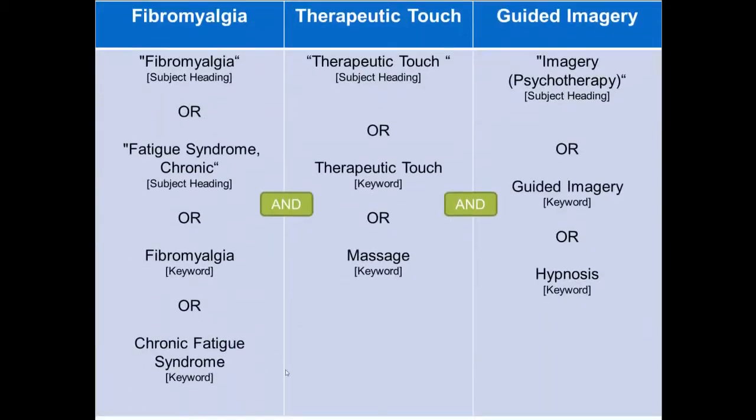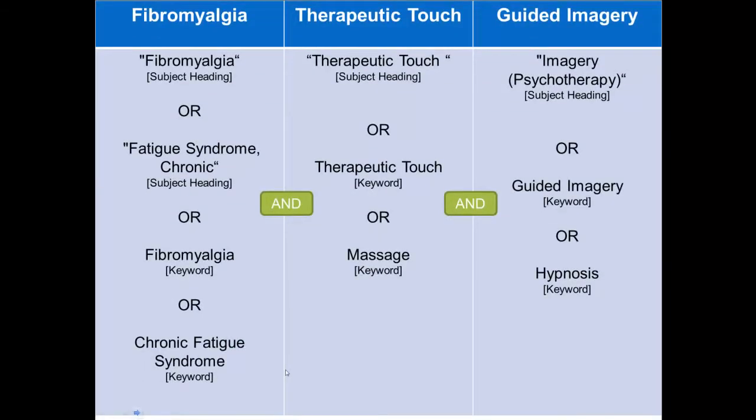Now, going back to the example I had earlier where we discussed trying to help a patient with their pain issues by using an alternative therapy such as therapeutic touch or guided imagery, you may end up with something that looks like this. What you'll notice is that when it comes to fibromyalgia, you may search it as fibromyalgia with a subject heading, or chronic fatigue syndrome, or fibromyalgia as a keyword, or chronic fatigue syndrome as a keyword.